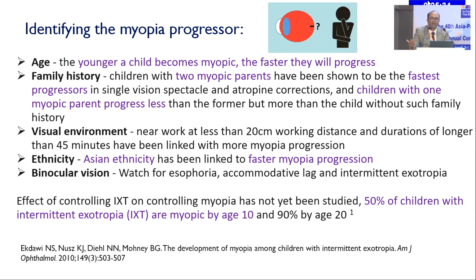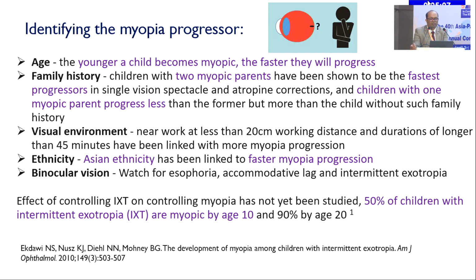For myopia progressors, you can look at the age. The younger the child becomes myopic, the faster they will progress in the future. So that is also an important question you need to ask: how old is the child at presentation? Family history again: two myopic parents, probably the fastest progressor; children with one myopic parent, comparatively slower progressors. How's the visual environment, and ethnicity?